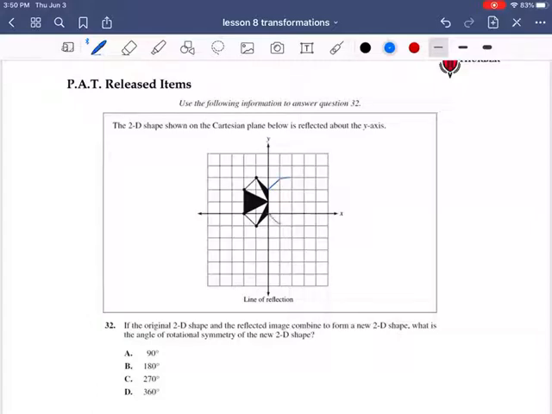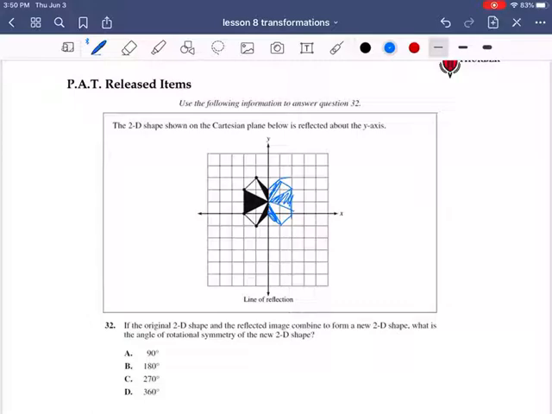That goes like that, and that goes like that. And then we get something like that. All right. If the original 2D shape and the reflected image combine to form a new 2D shape, what is the angle of rotational symmetry of the new 2D shape?